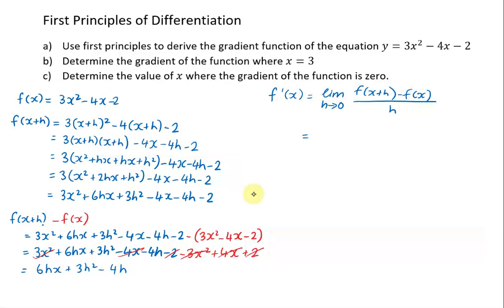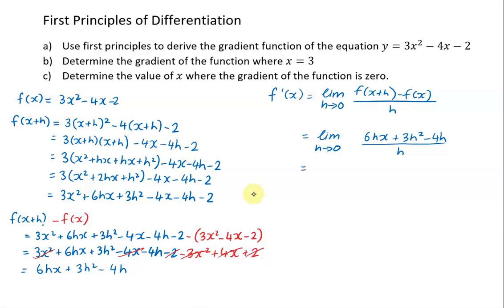So we have the limit as h approaches 0 of the numerator, which has become 6hx plus 3h squared minus 4h, all over h. Now, to be able to evaluate the limit, we need to not have that h on the denominator because we can't have a 0 as a denominator of a fraction.